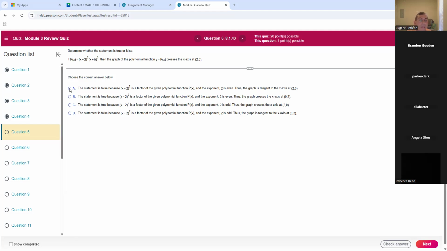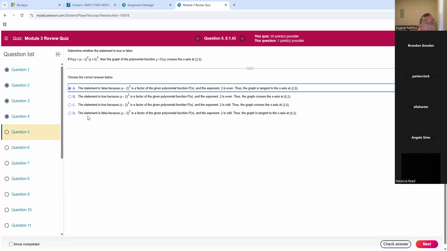That sounds like what I need, but I'll look at D too. D down here says it's false because x minus 2 squared is a factor and the exponent 2 is odd. So right there's where that one's bad, because it's calling the even exponent odd, okay? So make sure you get the one where it says the 2 is even.